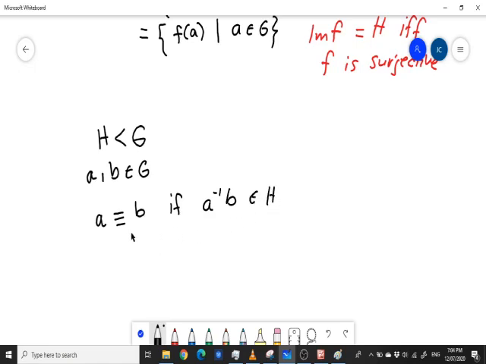Actually, tawag dito left kasi yung A, yung nasa left, yun ang may inverse. Pwede ka rin gumawa ng right relation, like A is right related to B if yung sa right naman ang may inverse. Diba?